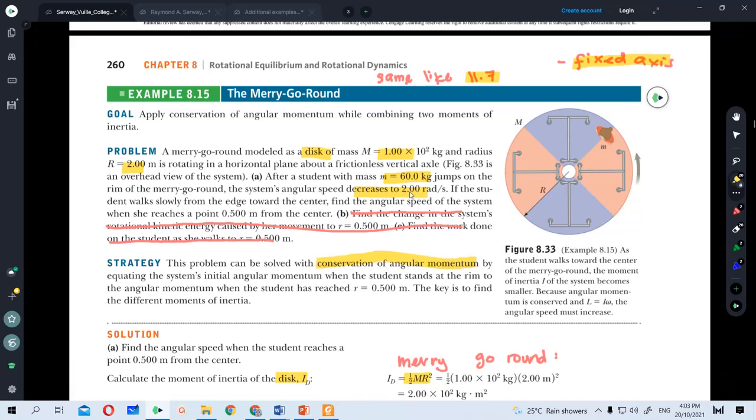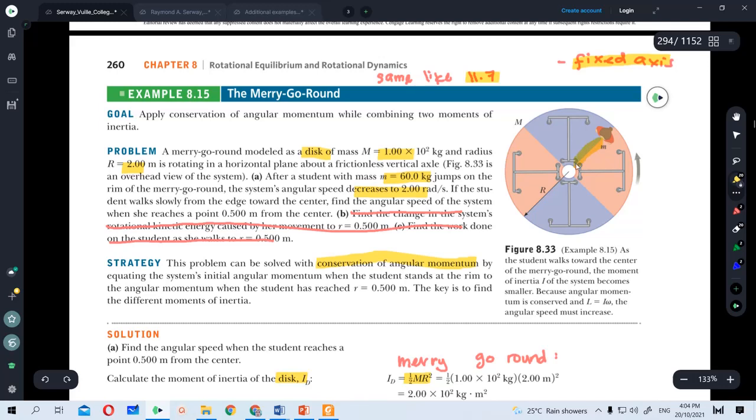Afterwards, the student walks slowly from the edge towards the center. We are not so much concerned about the original without the student. It's just that when he jumps on, you have a new moment of inertia with the student. However, the location is somewhere at the rim. Right after that, the student walks towards the center.